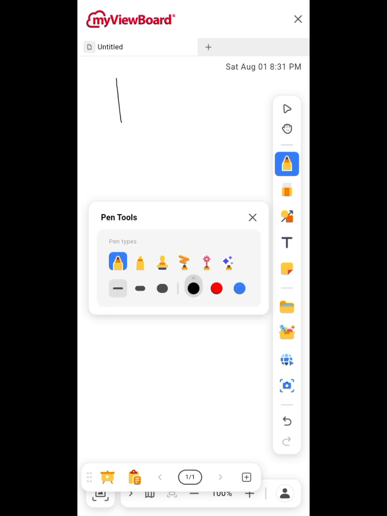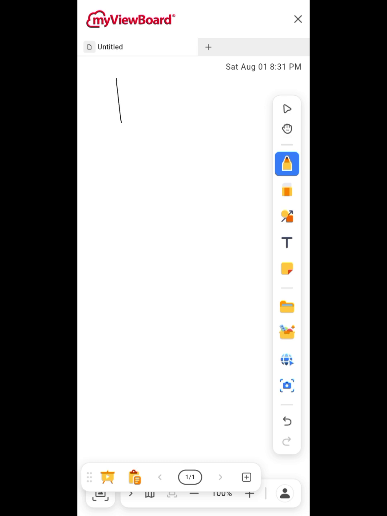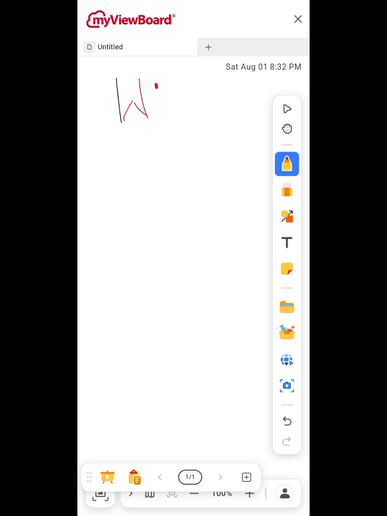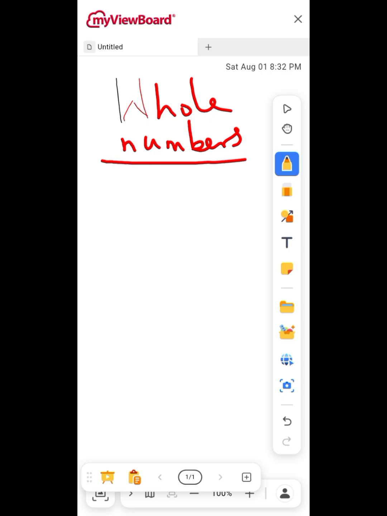I want to believe that a majority of us are quite familiar with what whole numbers are. Right from our primary school, we know what whole numbers are. One is an example of a whole number. Two is an example of a whole number.